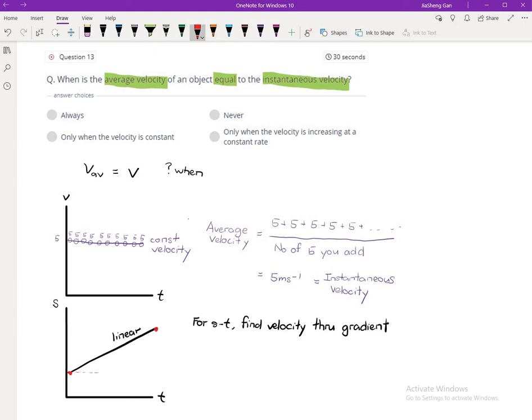So we take our S2 minus S1 divide by t2 minus t1. Then you get the average velocity.